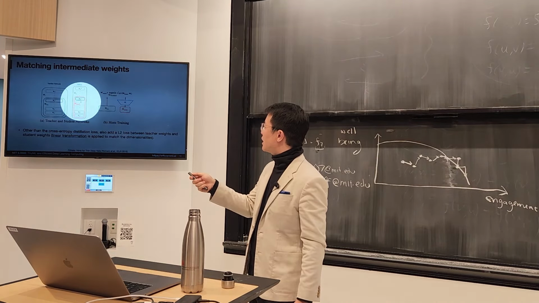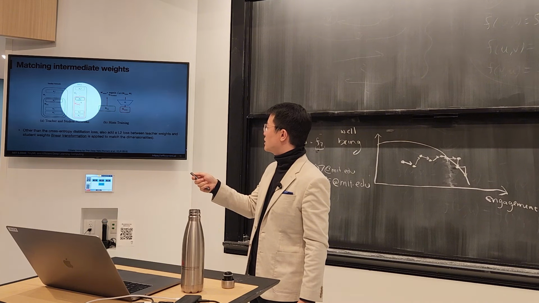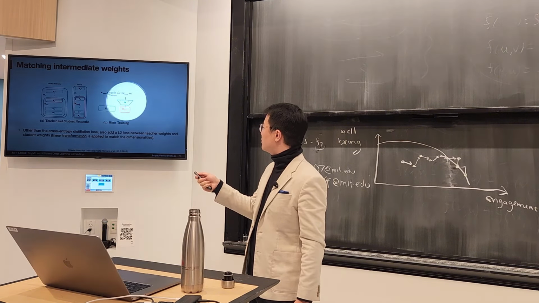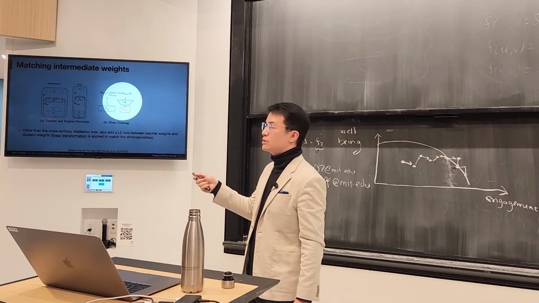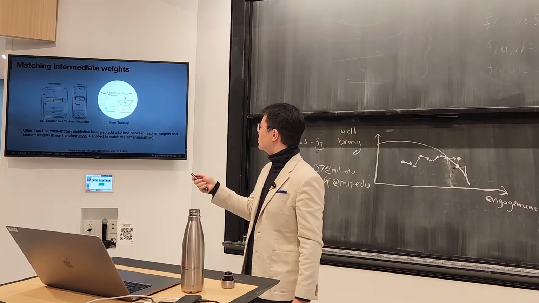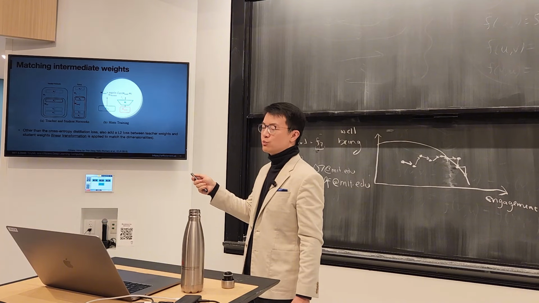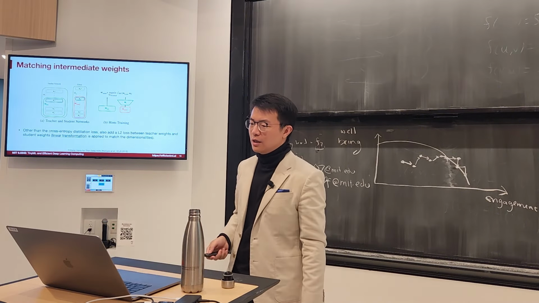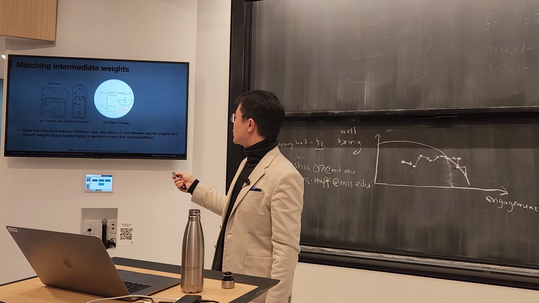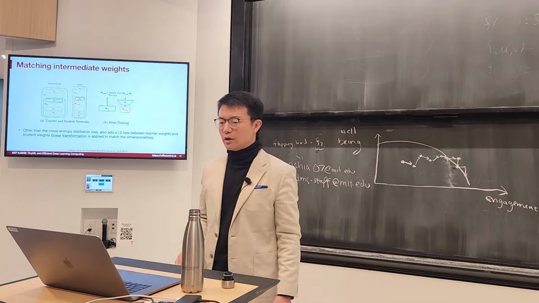This is the student model, which is narrower, smaller. And we try to match them by using this projection matrix, this blue matrix, projecting from a smaller channel count to a larger channel count. We can learn this projection matrix, and then we can match the output after this projection matrix with the teacher model.